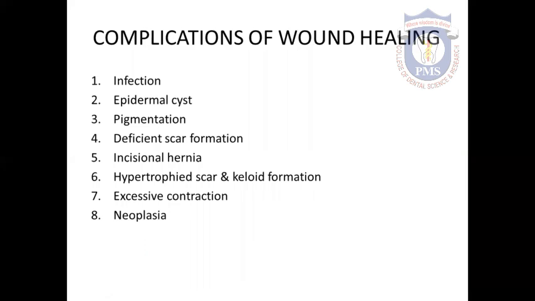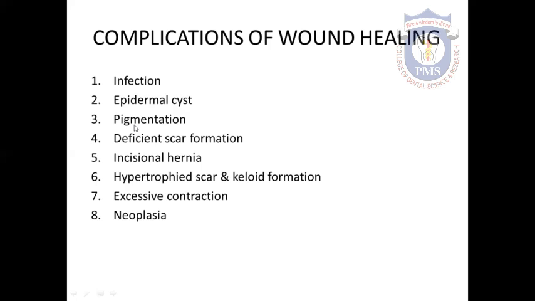Complications of wound healing. One of the major complications is infection, which occurs due to poor wound debridement. Next is epidermal cyst formation, which occurs due to persistence of epithelial cells in the wound after healing.